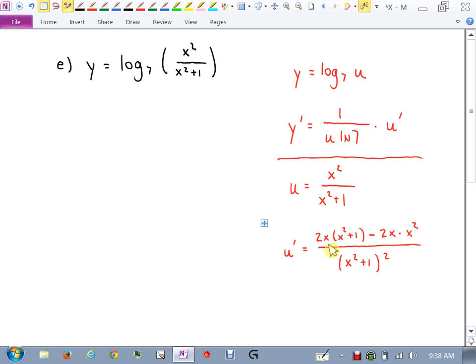It's going to be 2x cubed when I distribute through, plus 2x, then minus 2x cubed, so they'll cancel out. The only thing left will be a 2x up there. So u prime is equal to 2x over x squared plus 1 squared. And that's everything I need to put this thing together. Any questions?